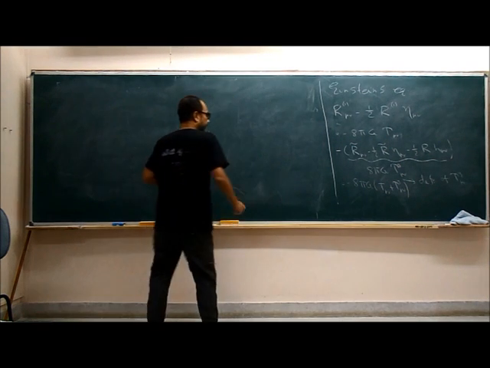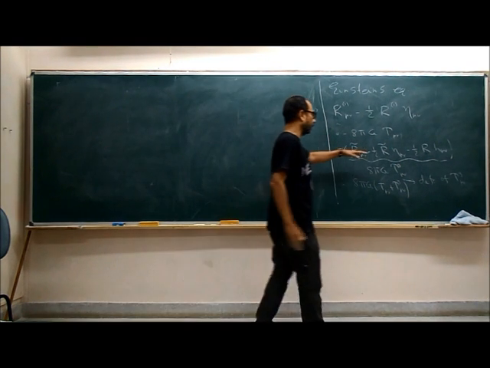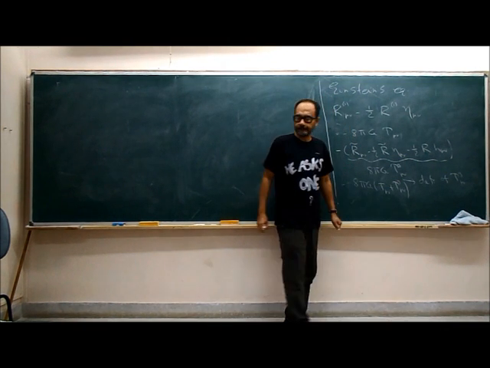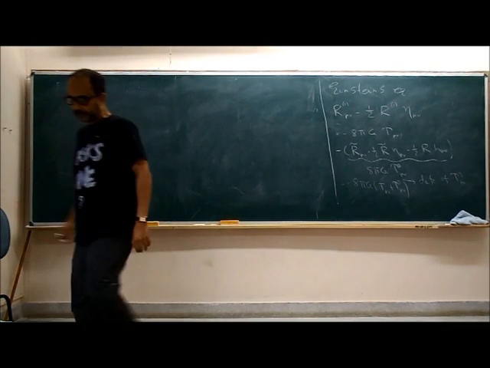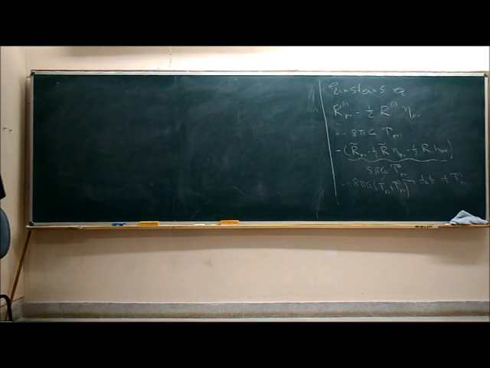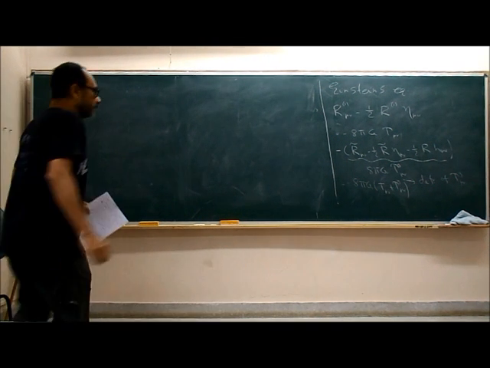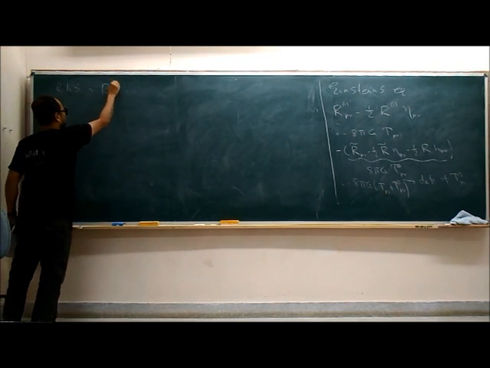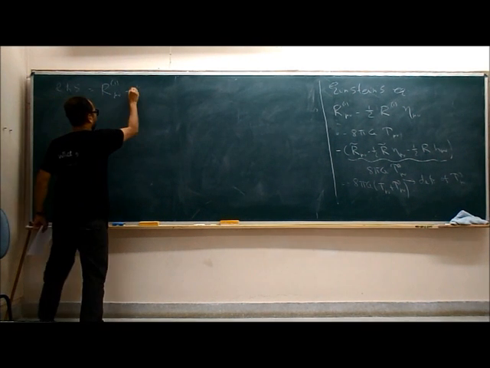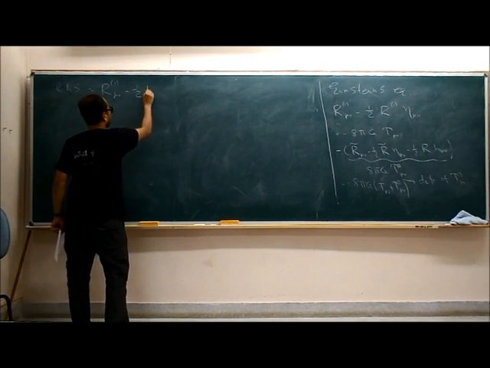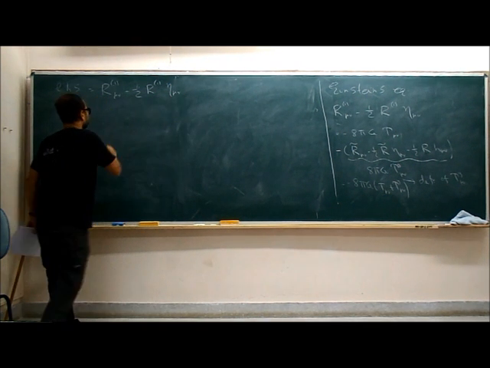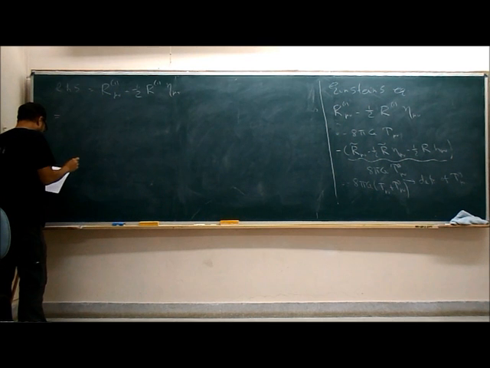Now let me give a justification of why we call this the energy density of the gravitational wave, or the energy density of the gravitational field. For that we have to look at the left hand side. So the left hand side is R1 mu nu minus half R1 eta mu nu. Now I am going to expand this out.